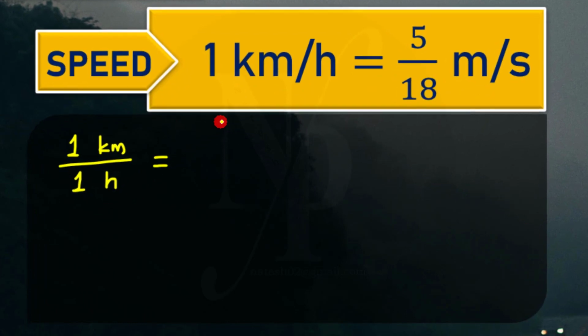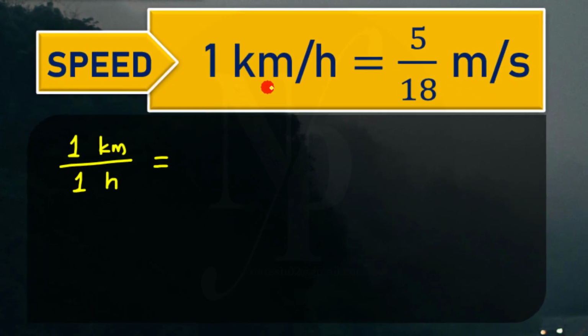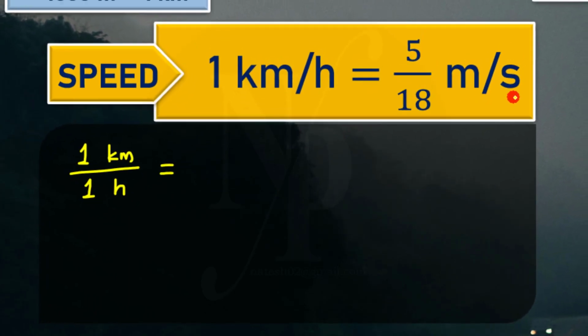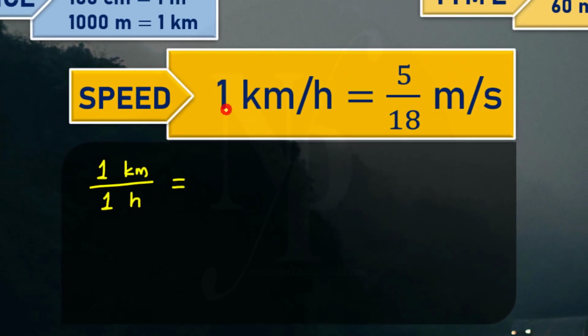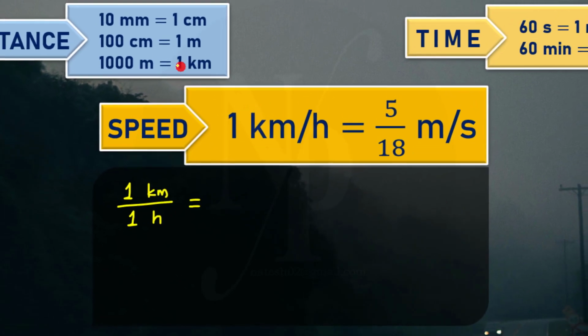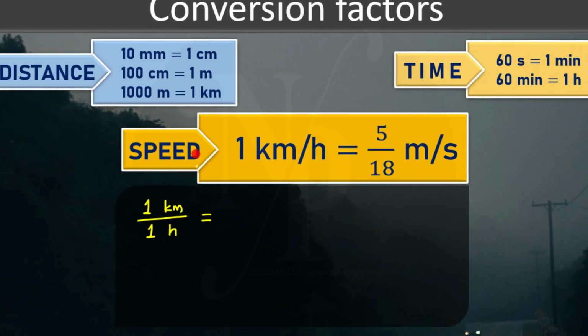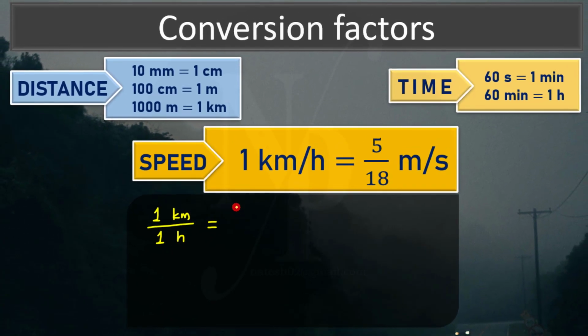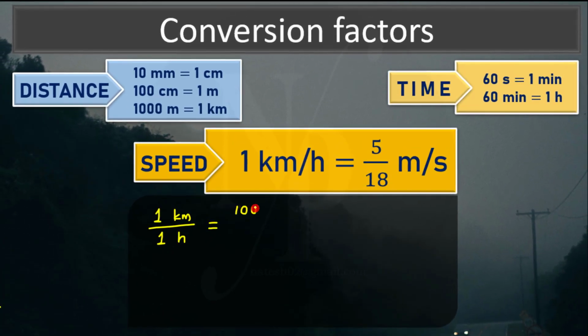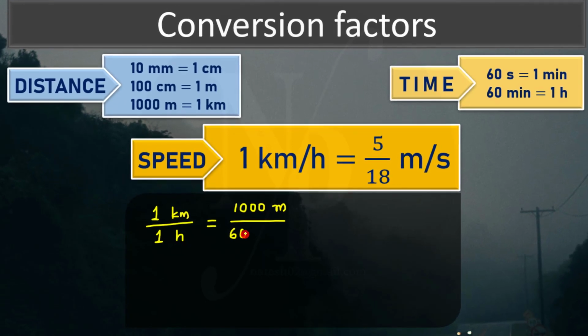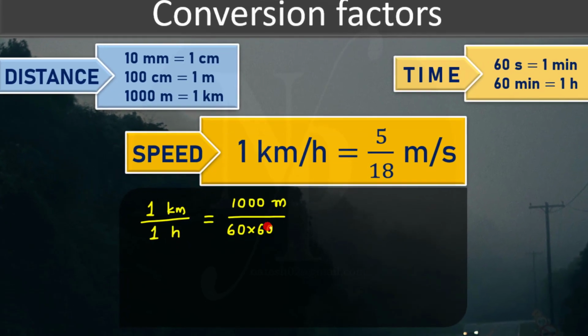Since we are interested in converting speed from kilometer per hour into meter per second, the equivalent of 1 kilometer in meters is 1000 meters. So 1 kilometer is written as 1000 meters divided by, there are 60 minutes in 1 hour and 60 seconds in every minute. So 1 hour will be equal to 60 into 60 seconds.